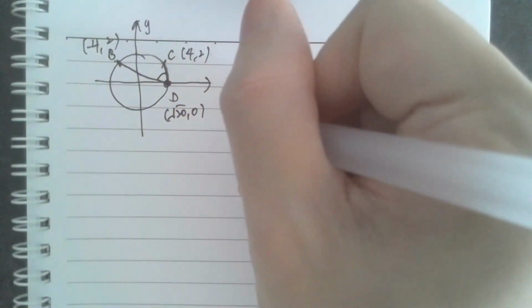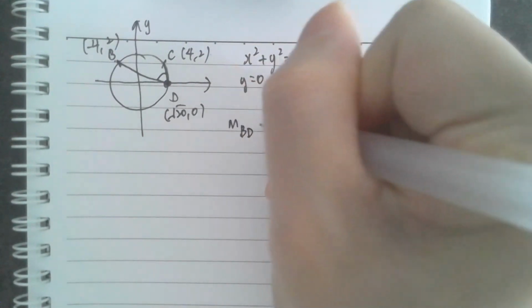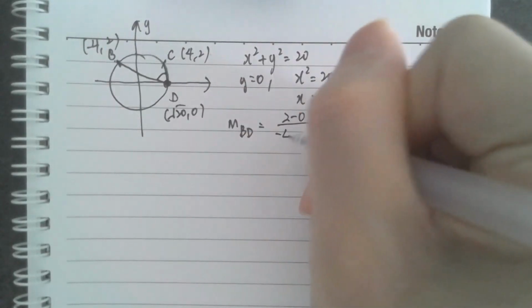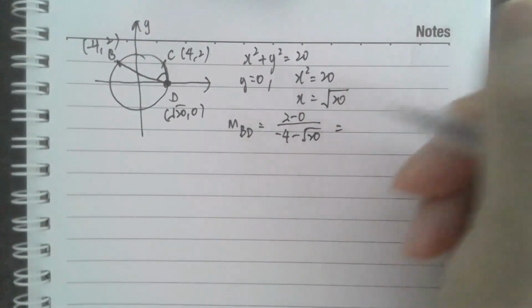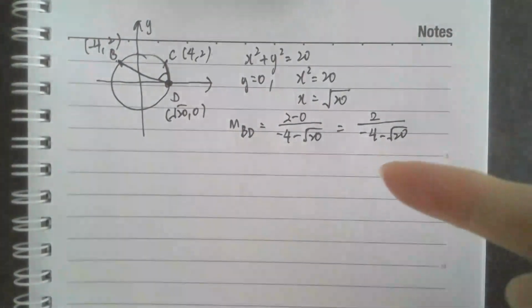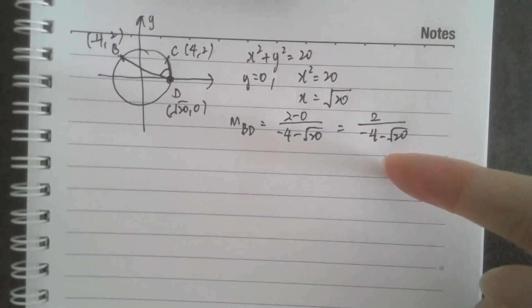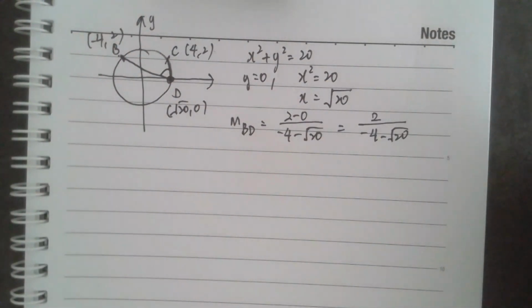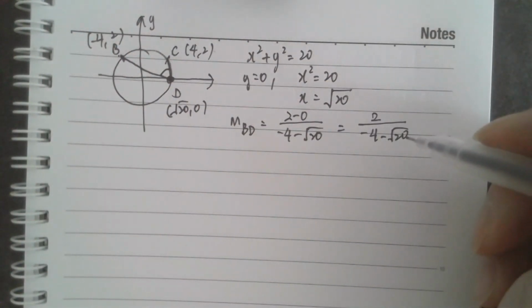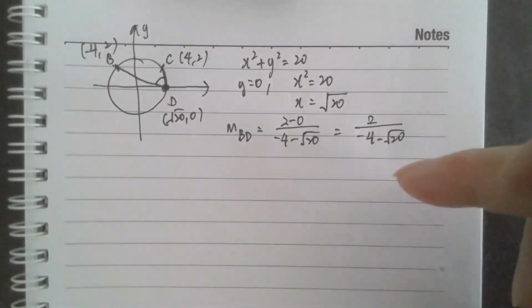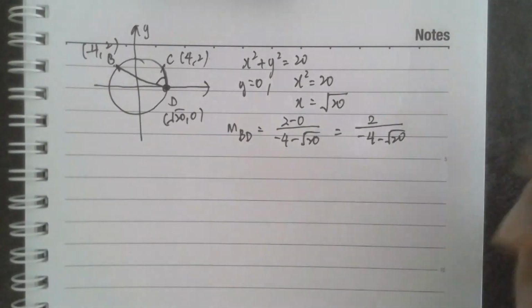First, the gradient MBD is 2 minus 0 over negative 4 minus root 20. We should expect a negative gradient because the line is sloping downwards from B to D. If we take the inverse tangent, because the gradient is negative, we get an obtuse angle.